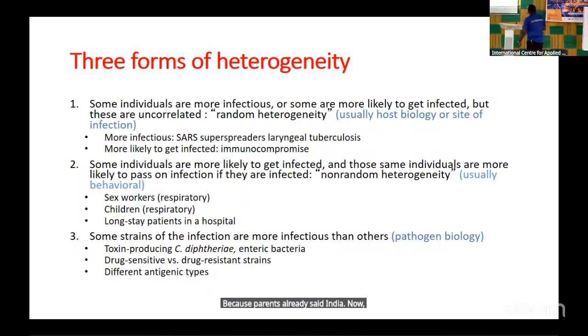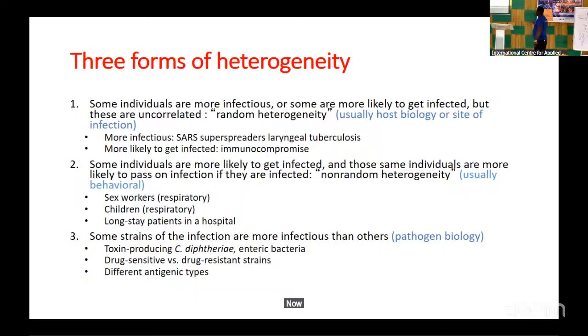Now, a patient staying in the hospital is at risk, because you don't know where infection will come from. Somebody can come to the hospital with another disease that you didn't come to be treated for, and you get your own package there. Some strains of infection are more infectious than others. So there is pathogen biology: toxin-producing bacteria, enteric bacteria, drug-sensitive and drug-resistant strains, different antigen types.